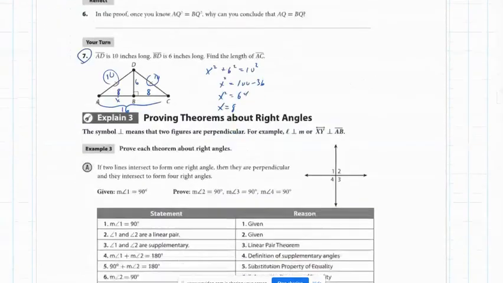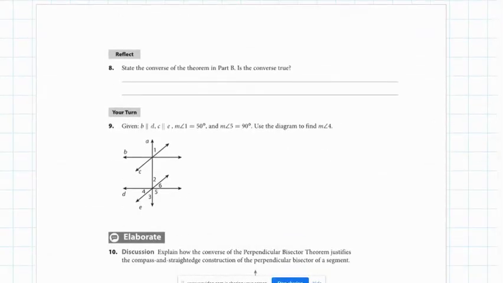Okay, and then we'll finish up with problem 9. We're given that we have two pairs of parallel lines. B and D are parallel, and lines C and line E are also parallel. So use that information and see if you can find the measure of angle 4. Pause your video and try that out.